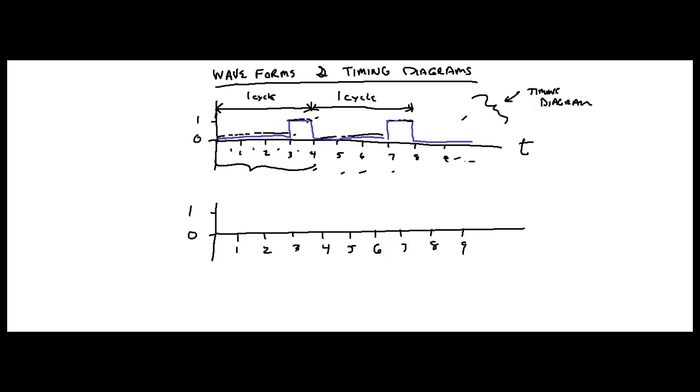Now, let's draw a pulse. Suppose you have a pulse here. And then it comes here for 1, and it goes up 1. And then it comes here, stays low for, say, 3, and then comes up here.